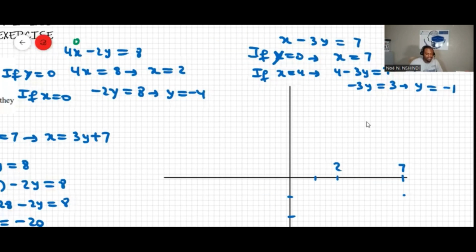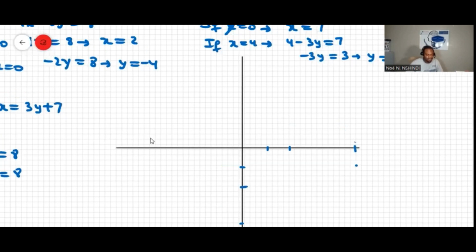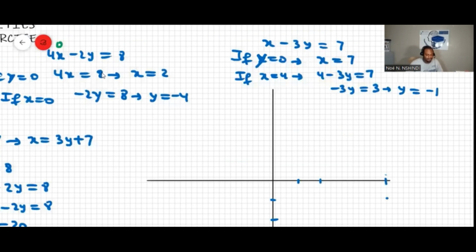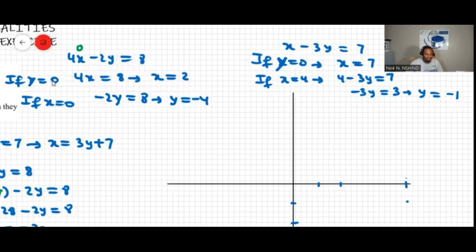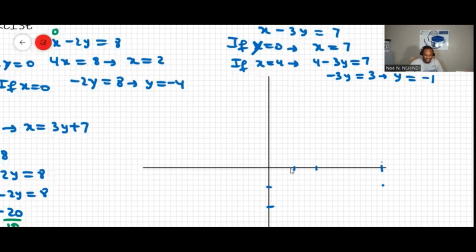Hold on a second. Over here, I didn't set this point correctly. I'll take the values here. If y is 0, x is 2, so y is 0 here, x is 2 there.